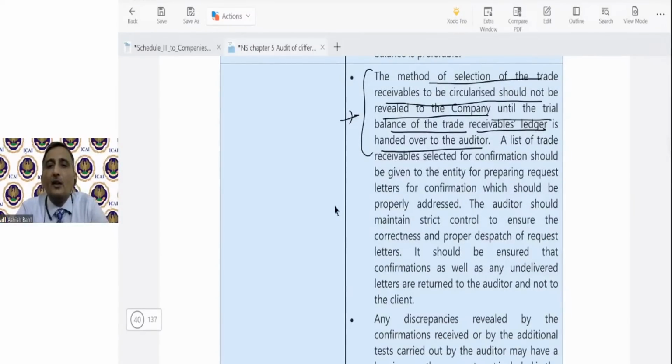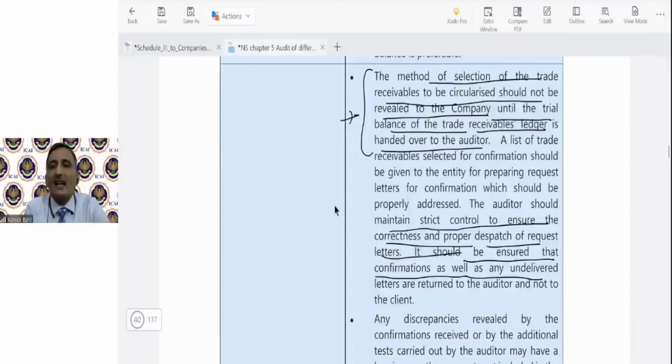So obviously to keep some surprise element there, the auditor should maintain strict control to ensure the correctness and proper dispatch of request letters. It should be ensured that confirmations as well as any undelivered letters are returned to the auditor and not to the client.